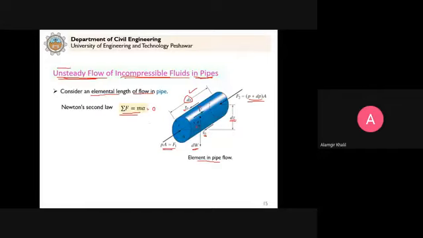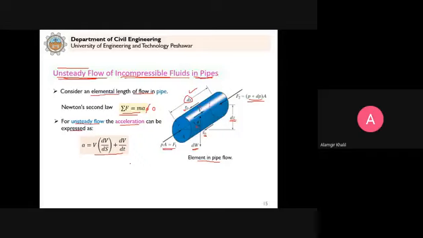Now we have unsteady flow, so now it will not be equal to 0. And we are going to now develop the equation. So for unsteady flow, now since acceleration is not equal to 0, so the acceleration can be expressed as a is equal to v dv by ds plus dv by dt.